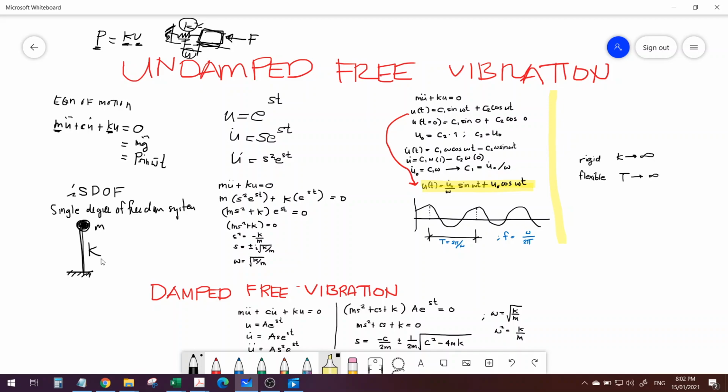I guess you're familiar with this already from our first videos. That's how we got the period, wherein the period is equal to 2 pi square root of m over k. So it's a function of mass and stiffness to get the period.